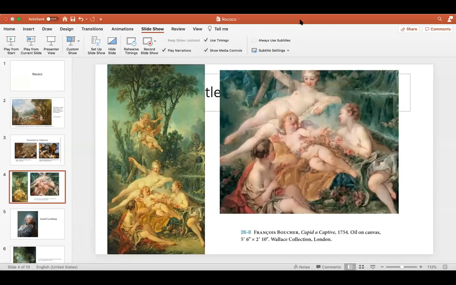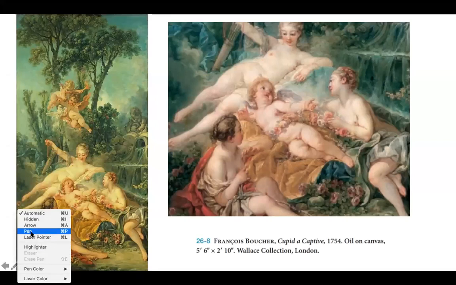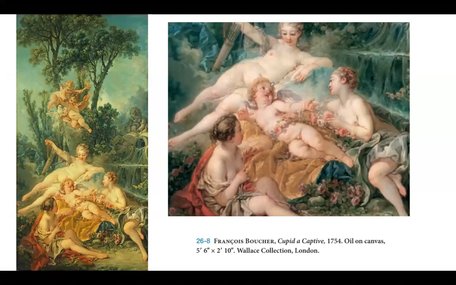Oh, there it is. Play from current slide. Okay, here we go. If you follow the rhythm that's created by this figure here, it's amazing.